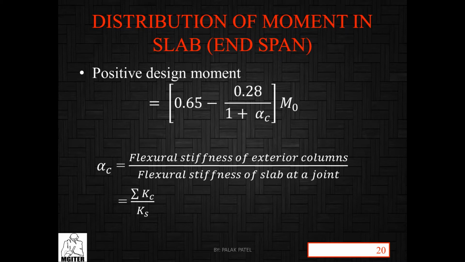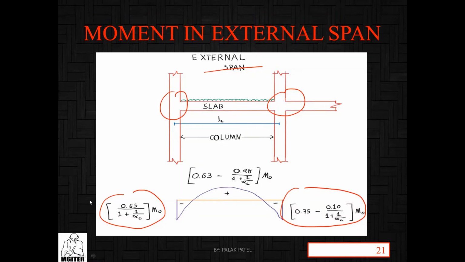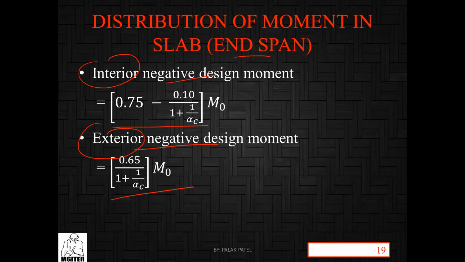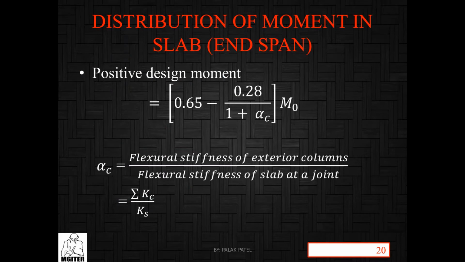Now the positive design moment. You can see here, interior negative, exterior negative, same thing. The positive design moment equation is 0.63 minus 0.28 divided by (1 plus 1 divided by alpha c) times M0. Now we need alpha c.